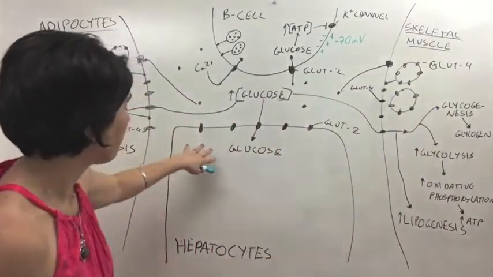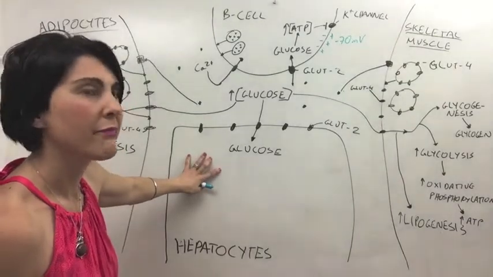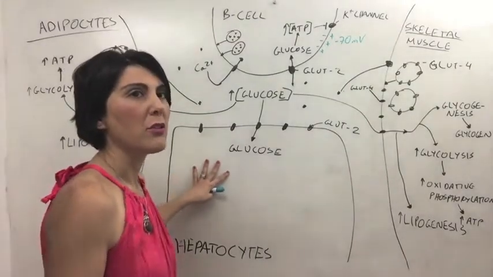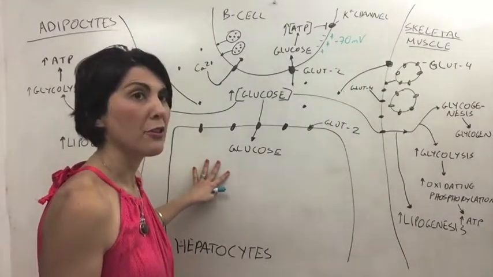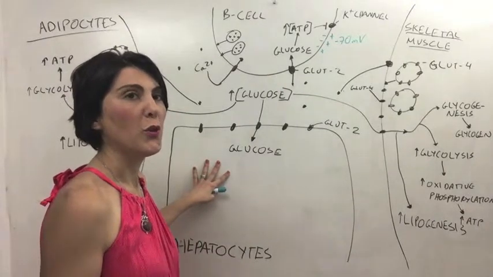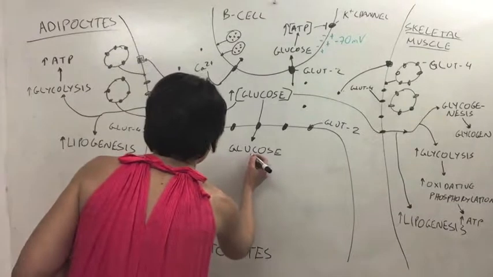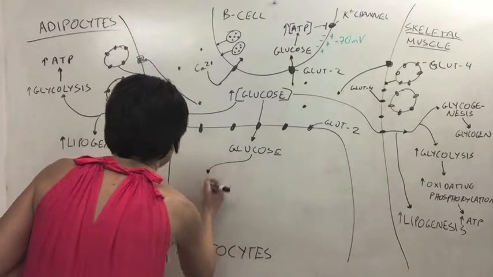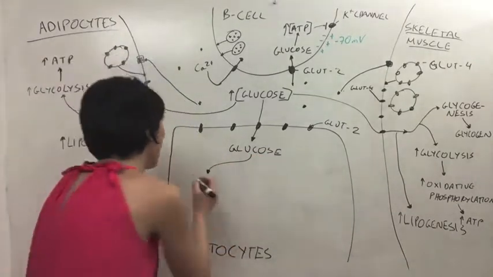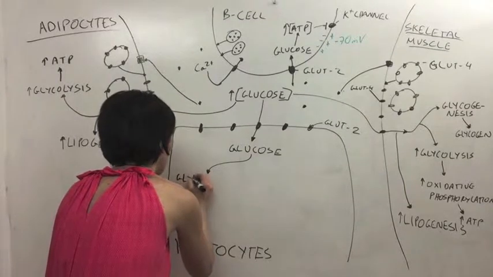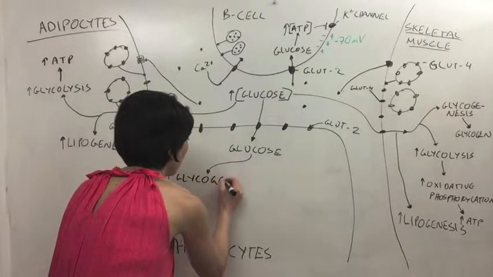Okay, in the liver, this is where most of the glucose will be stored in the form of glycogen, enough to last you for 4 hours between meals. And so glucose is going to be stored as glycogen through glycogenesis.